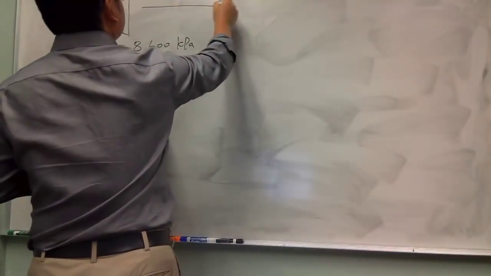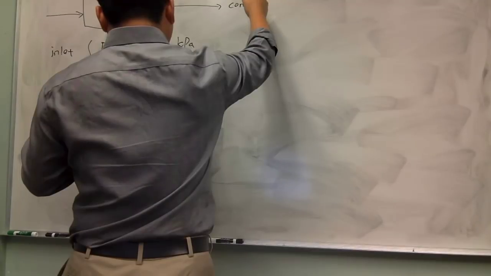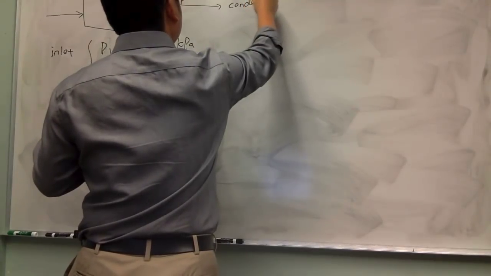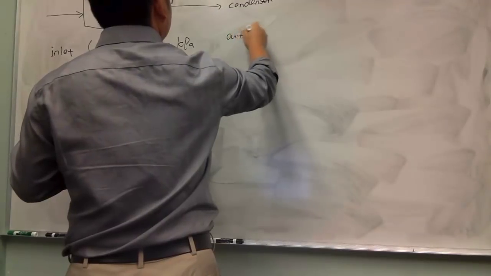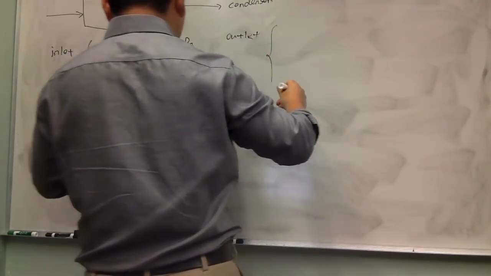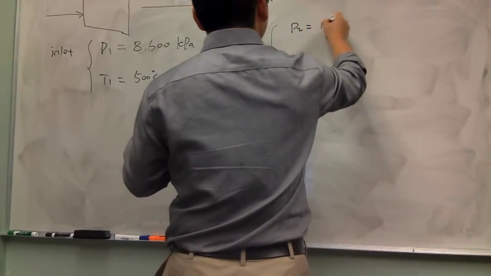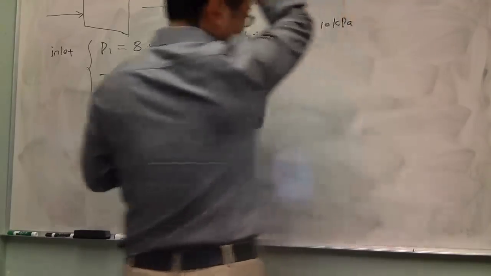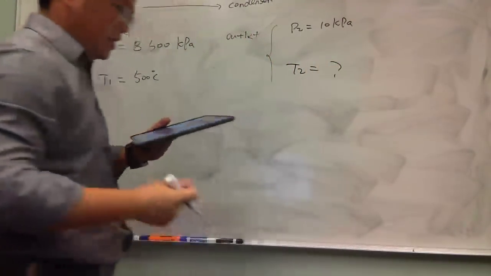At the outlet, P2 will be 10 kPa. How about T2? No idea for now.